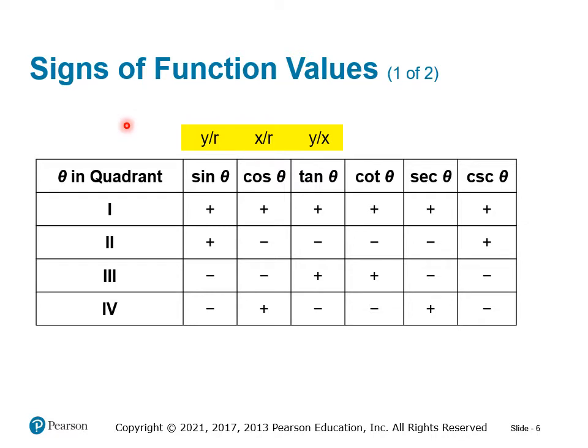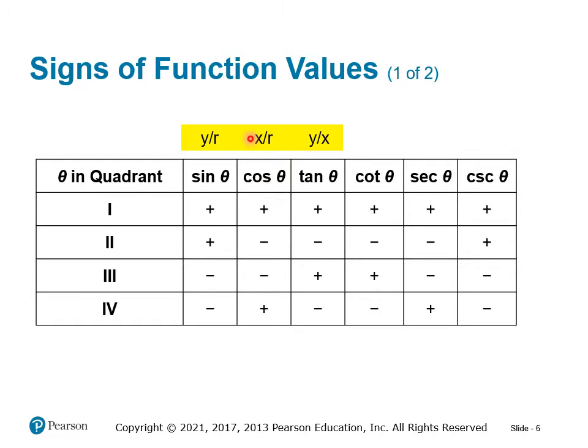Because it's the square root of, etc. It's the hypotenuse, etc. So we're really just concerned about x and y. And sine is concerned with y. So since y is positive in quadrants 1 and 2, then sine is positive in quadrants 1 and 2. In quadrants 3 and 4, below the x-axis, the y value is negative and sine will be negative.